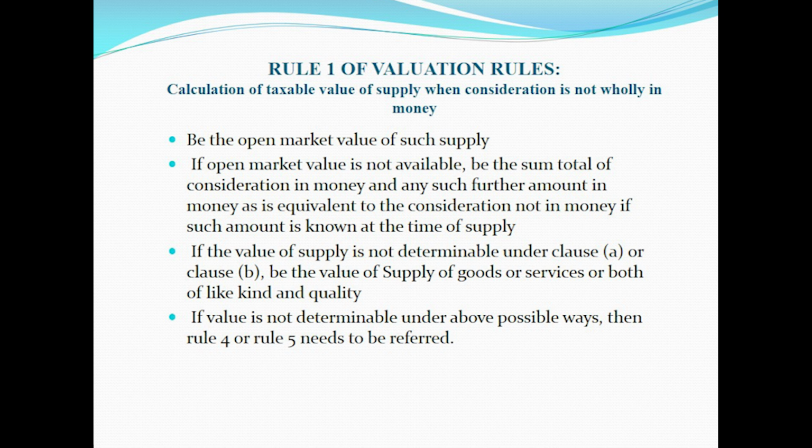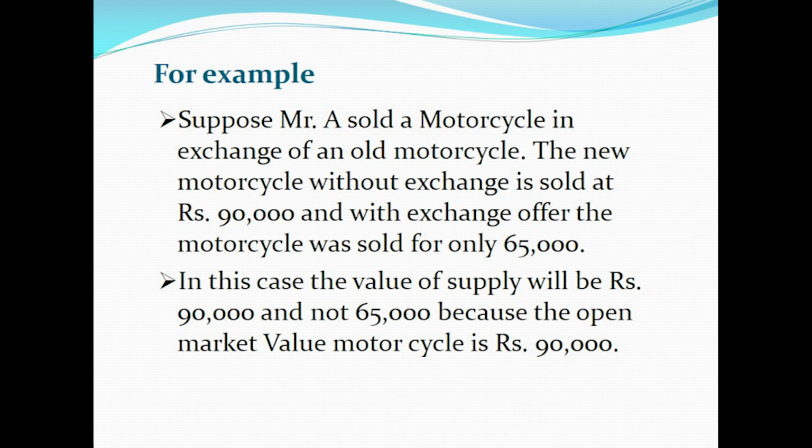For example, let's say Mr. A sold a motorcycle in exchange for an old motorcycle. Now, the new motorcycle, which he sold without exchange, is being sold at rupees 90,000, and with the exchange offer the motorcycle was sold for rupees 65,000.